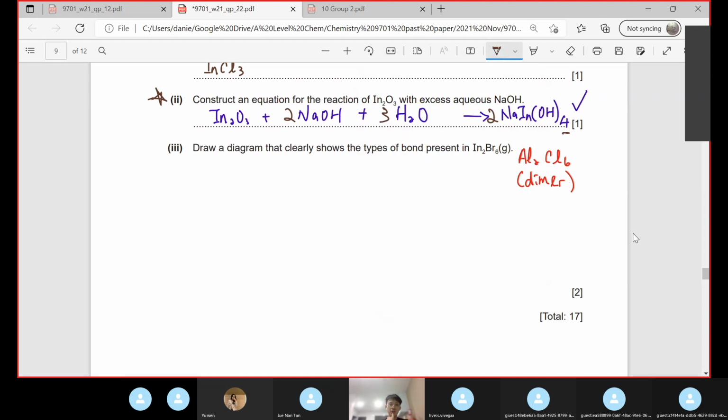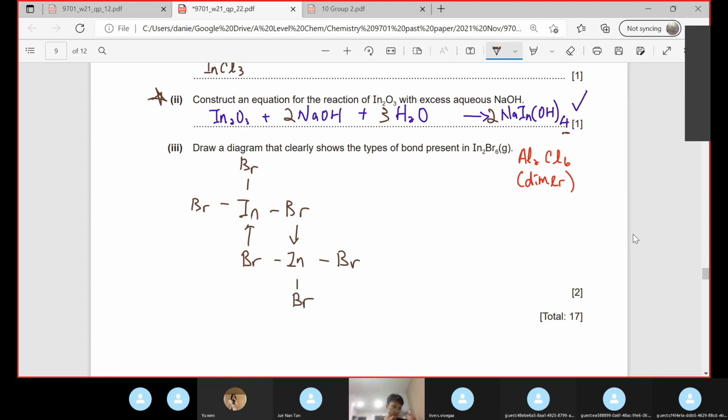So when we draw it, it will be single bond Br, single bond Br, single bond Br, then receiving a lone pair from another Br. Here, Br, Br.